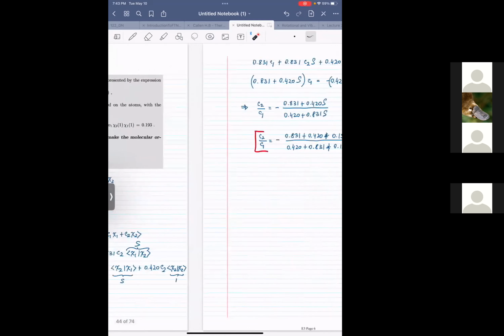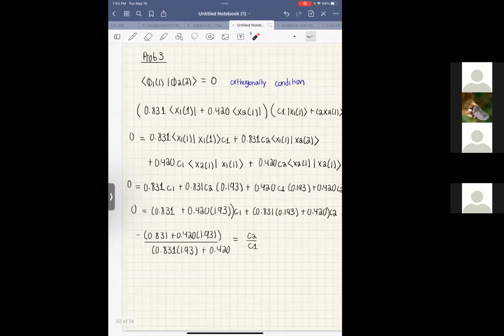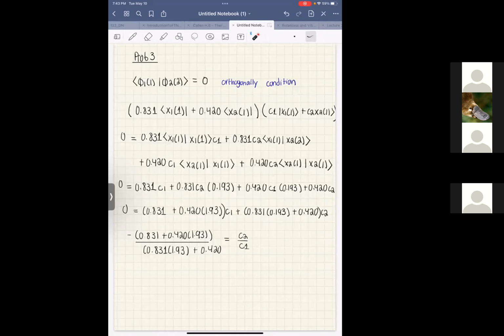So to find this, the overall goal is to make this orthogonal to this. So we use Bra-Ket notation and set it equal to 0. Using the Bra-Ket notation, we have the first wave function, and then this is the second wave function.